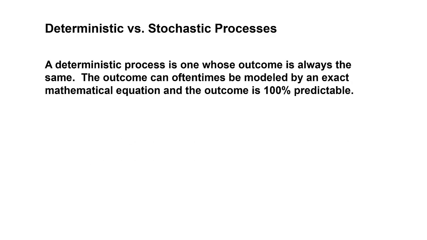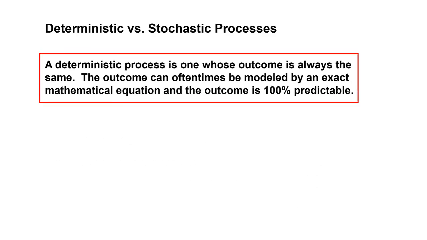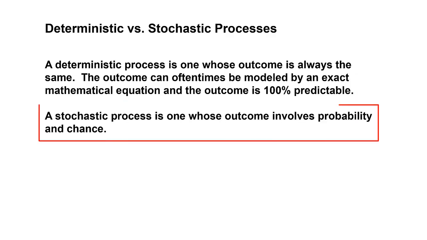The next thing we're going to talk about is deterministic versus stochastic processes. A deterministic process is one whose outcome is always the same, or nearly always the same. The outcome can oftentimes be modeled by an exact mathematical equation, and the outcome is very close to 100% predictable. In contrast, a stochastic process is one whose outcome involves probability and chance.